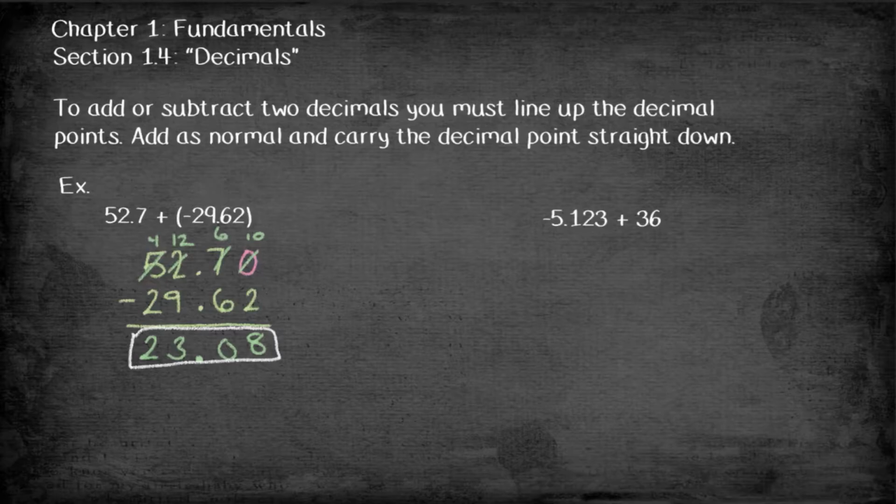For a second example, doing a similar kind of thing, now 36, being an integer, doesn't have a decimal point displayed, but remember that the decimal point is always located directly to the right of the ones digit, which means it's right here.